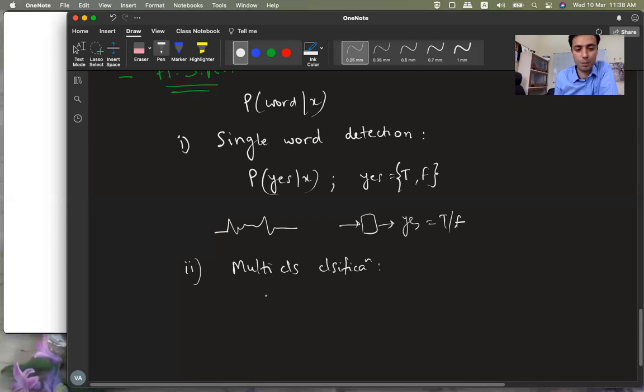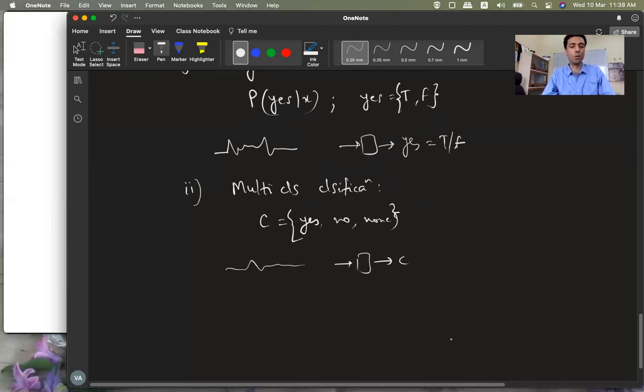Your class could be yes, no, or none. So you have some speech and you have to just tell what the person said, whether he said yes or no or none. This is also very simple. It's very similar to a multi-class classification problem.